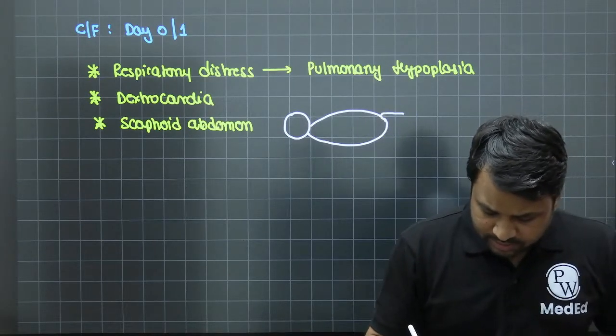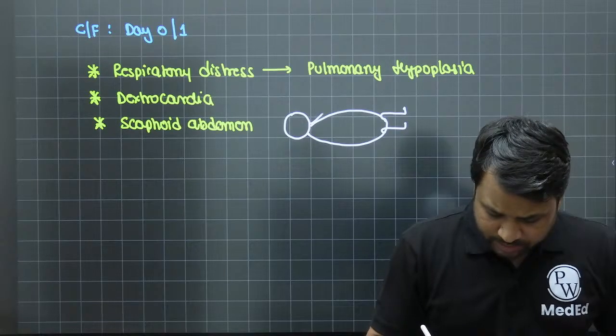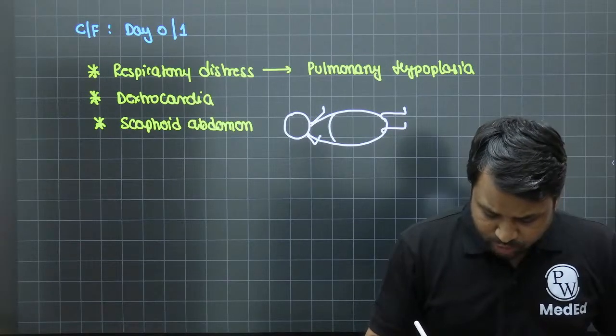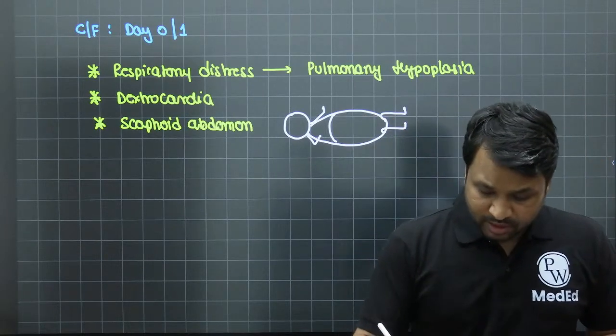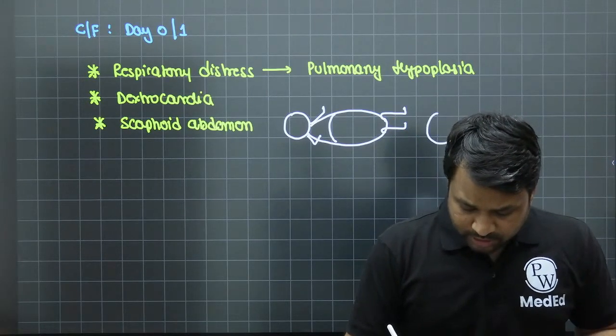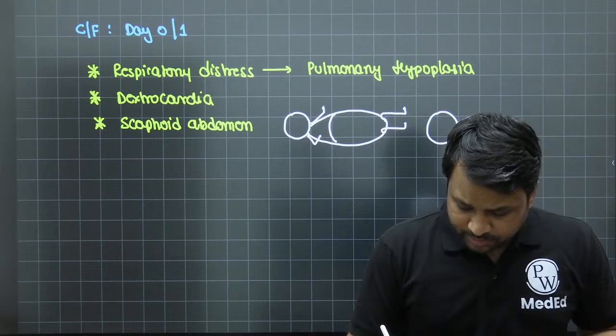So let's say this is the newborn baby that we have. Normally we say in a newborn baby, you have a nice distended abdomen. That is because of the stomach. Now those babies who are having a Bochdalek hernia, you will notice there's a depression in the abdomen.